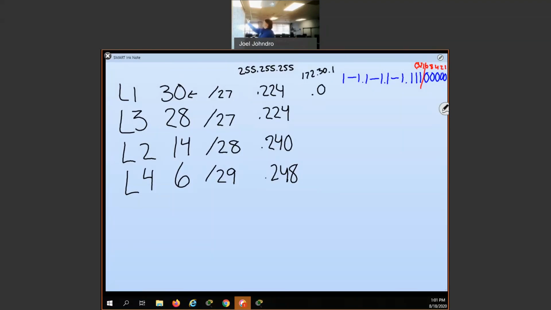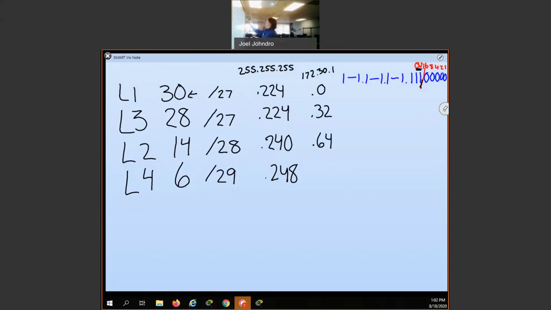We figured that out with the magic number here. Now this network is the same size, LAN 3, so that's also 32. So we're going to count up 32 from here. So the next network will start at .64.